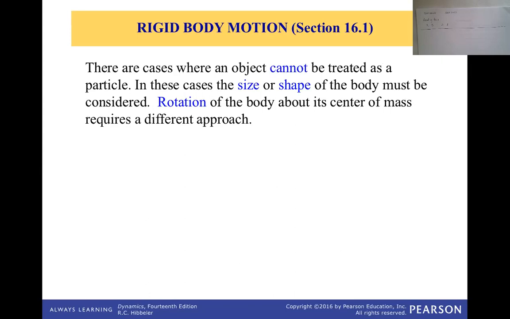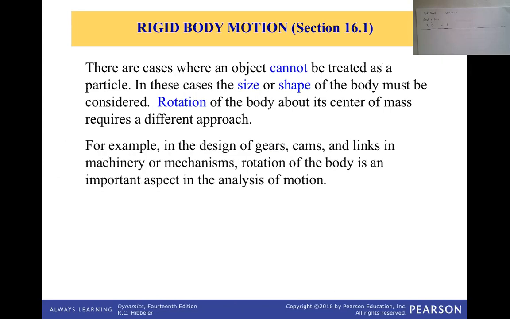So we'll be checking 3 sections today. 16.1. As I said, there are scenarios in which you cannot treat an object as a particle. In some cases, if there's rotation involved, that's the situation. That's the easiest or most common scenario.